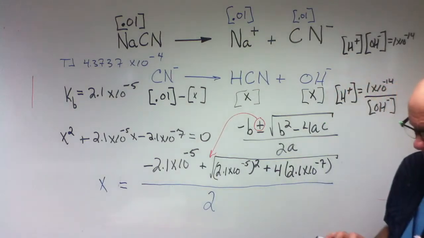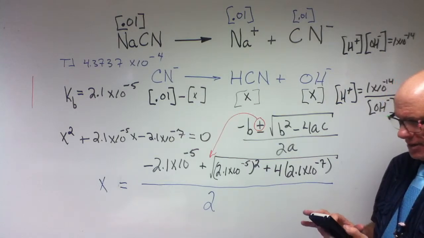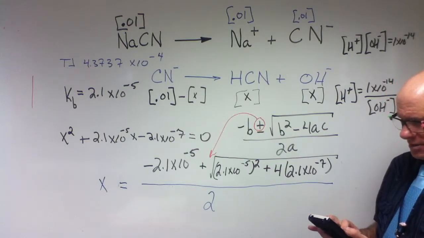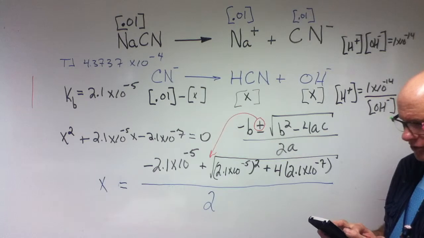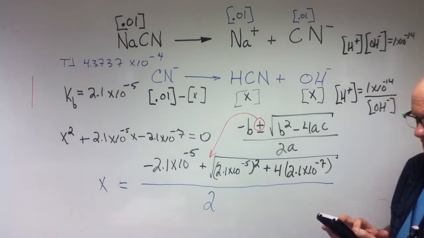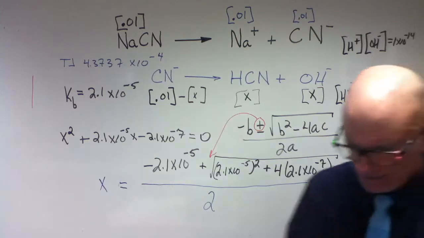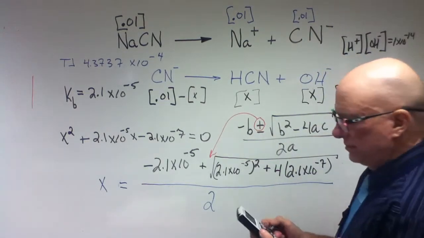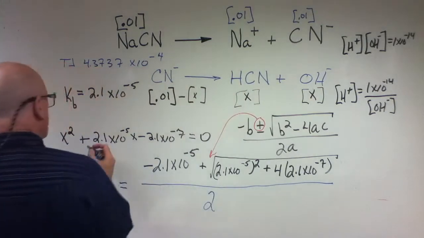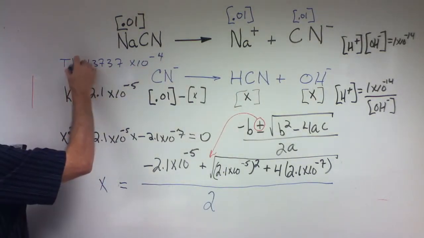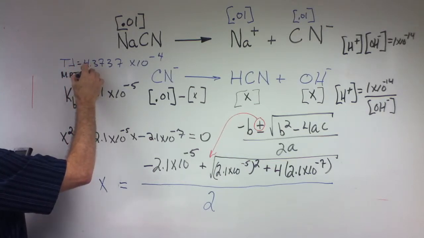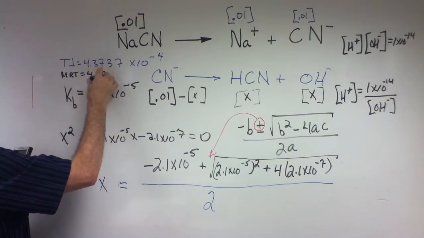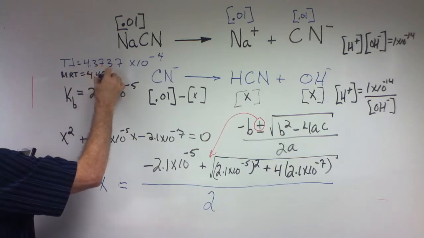And then that's parentheses around all of that, divided by 2 equals, I get 4.4788.